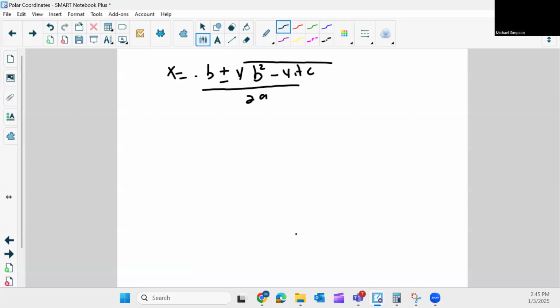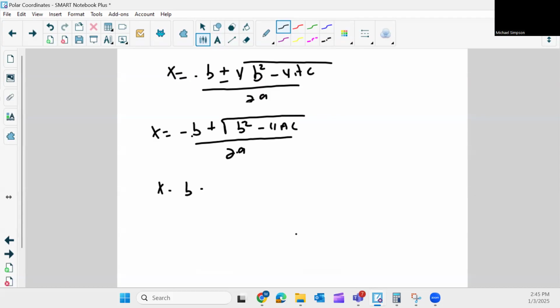Then when you solve this, you have two answers. x is equal to minus b plus the square root of b squared minus 4ac over 2a. And the other one, x is equal to minus b minus the square root of b squared minus 4ac over 2a.